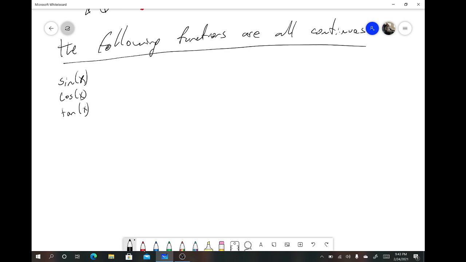So let me just put here on their domain, because if you remember, tangent is sine over cosine, so whenever cosine is 0, you have a discontinuity, you have a vertical asymptote. So the domain of tangent is minus pi over 2 to pi over 2.